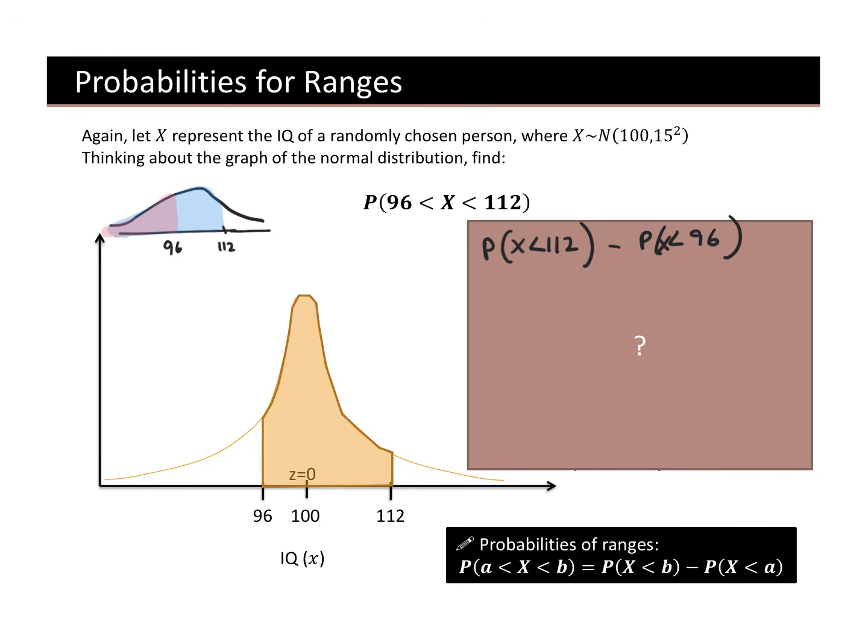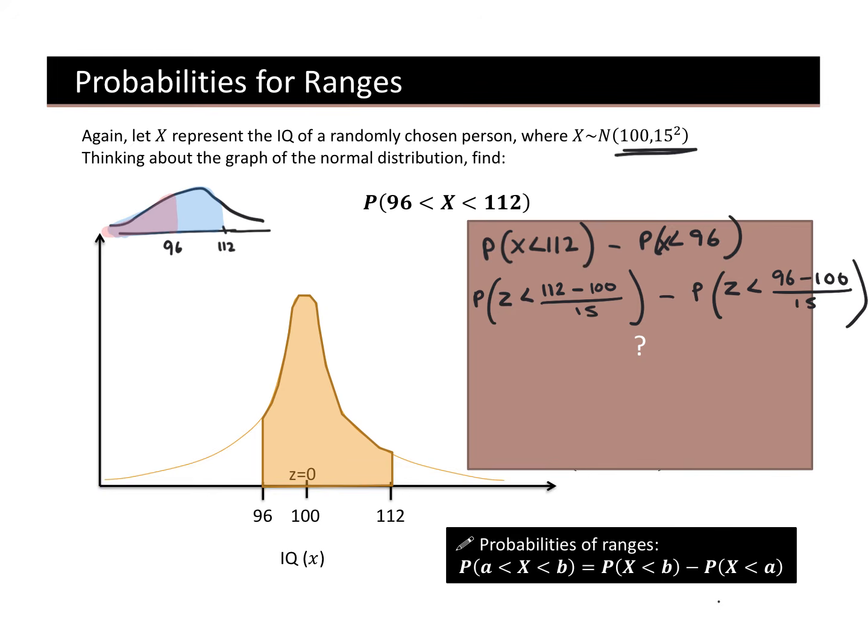Then what we're going to do is we're going to have our probability of x is less than 112. Well, we need to find our standardization value of z. So we know this is the probability of z being less than 112 minus, now in the question earlier it told us, 100 over 15 minus the probability of z being less than 96 minus 100 over 15.